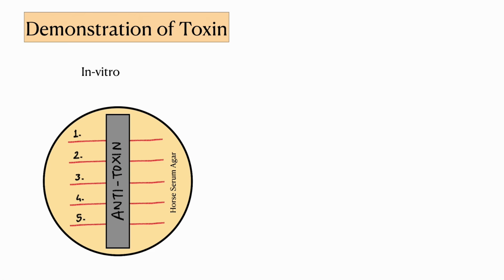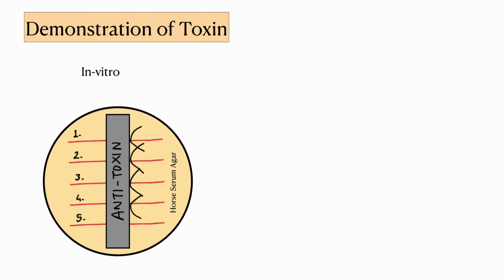What happens is that this antitoxin strip starts releasing antitoxin, and these streaks of bacteria will produce toxin. When this antitoxin and toxin meet together, they form something called a precipitation line, and the pattern of the precipitation line tells us what type of strain the bacteria is.